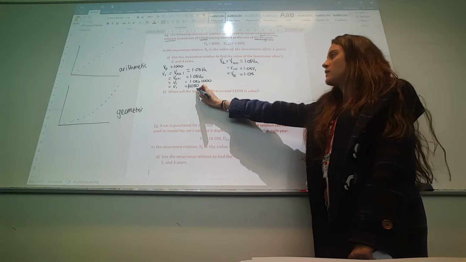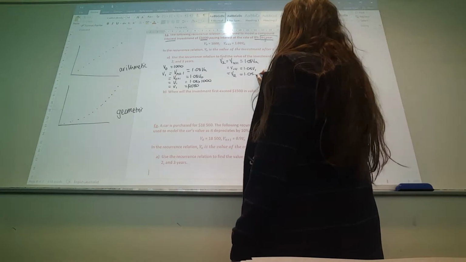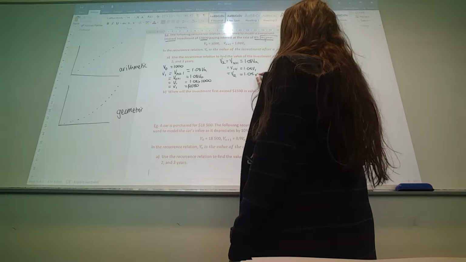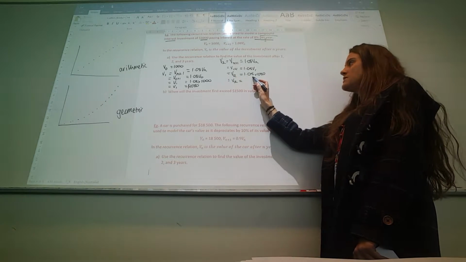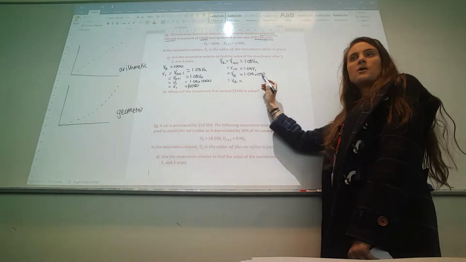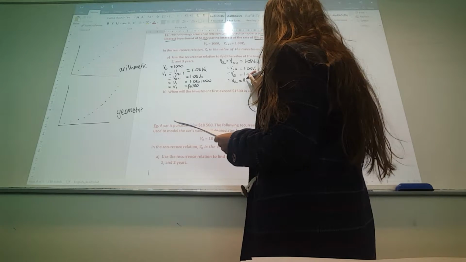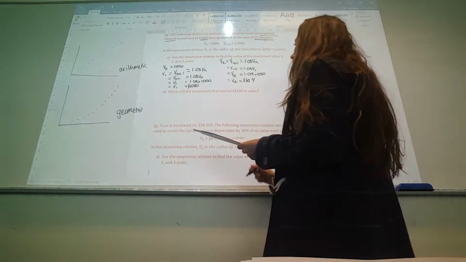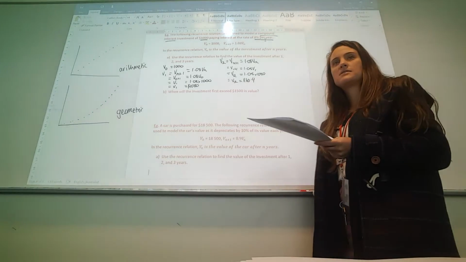And my V1 was 1,080. So I'm putting 1.08 times 1,080 into my calculator, and I get $1,160.40.